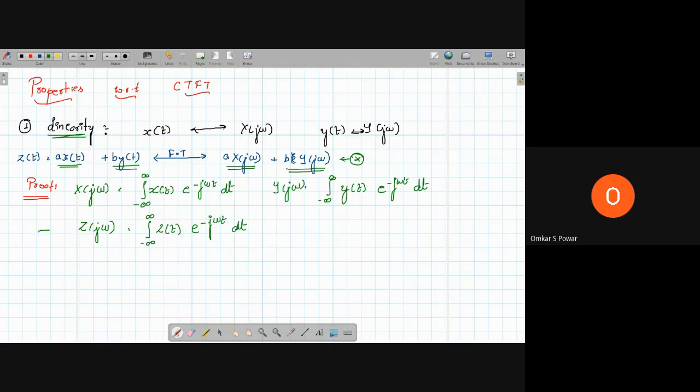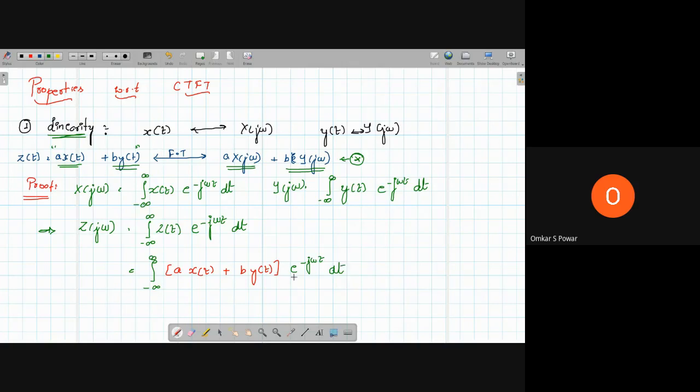So this is your Z of j omega. But I have taken z of t as a into x of t plus b into y of t. So let me substitute that. Integral minus infinity to infinity, a into x of t plus b into y of t, into e power minus j omega t dt.